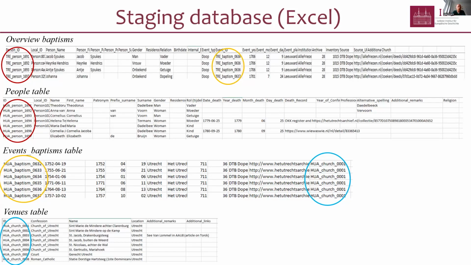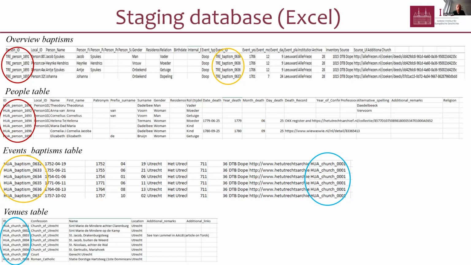Now, the staging database has a tabular structure. It basically functions as a relational database. So if you start at the top, you have the overview of baptisms. There you have a person ID, which links to the people table, where I gather all information about the individual people in my data set.